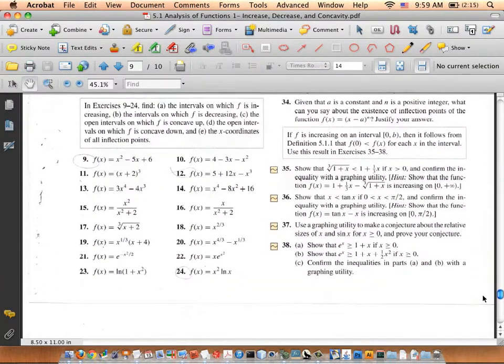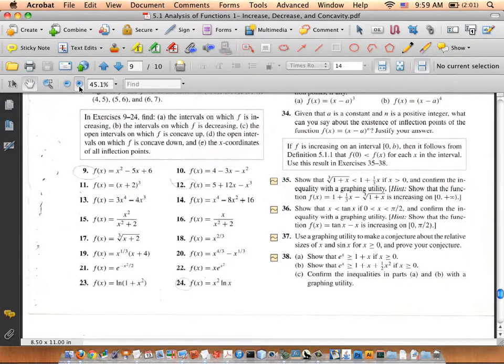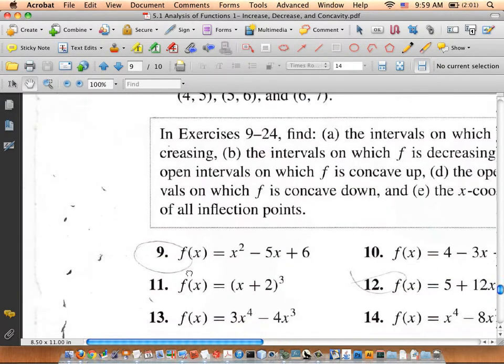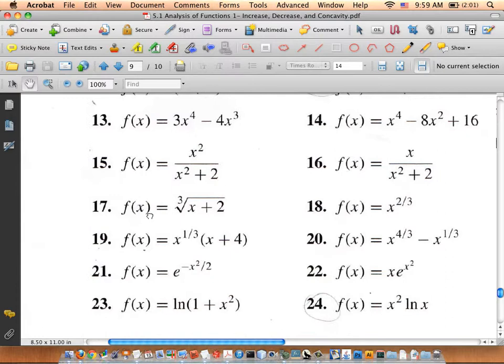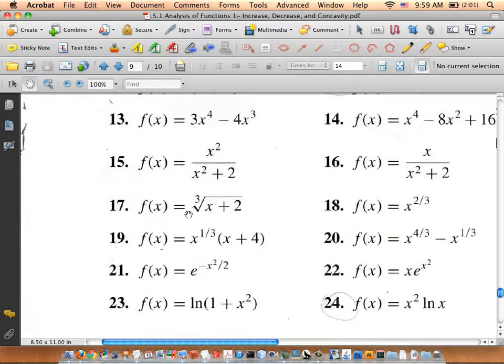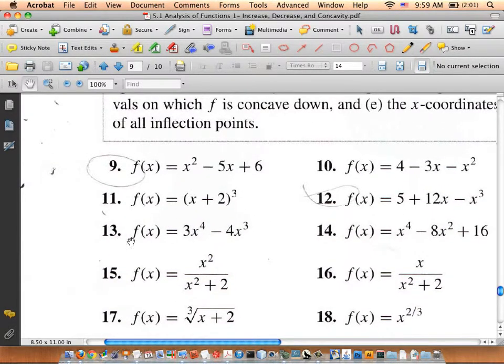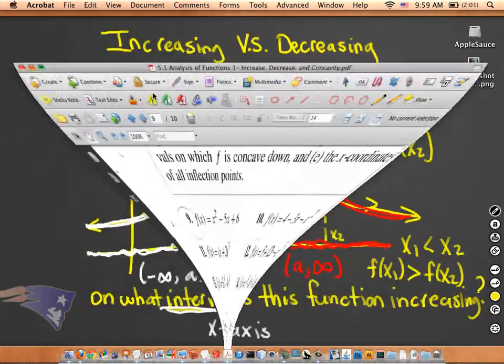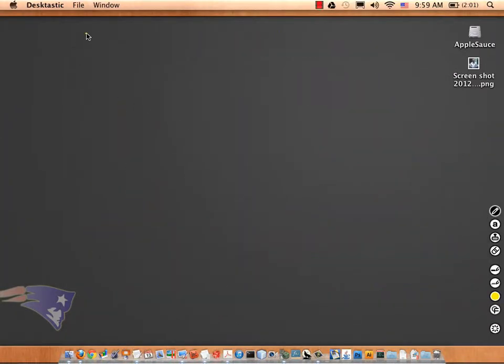Intervals, there we go. Okay, let's start with something very basic. So let's start with number 13: 3x to the fourth minus 4x cubed.